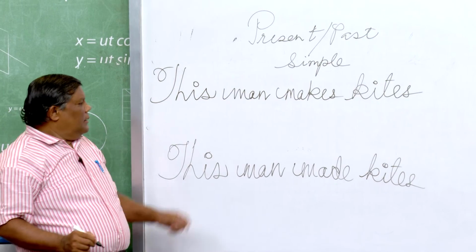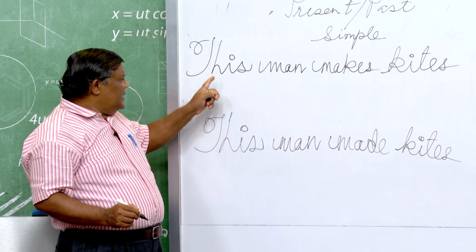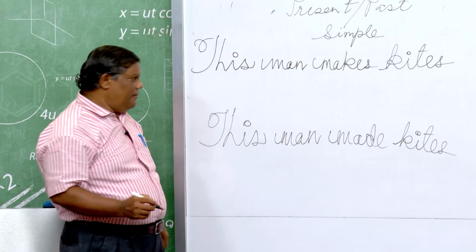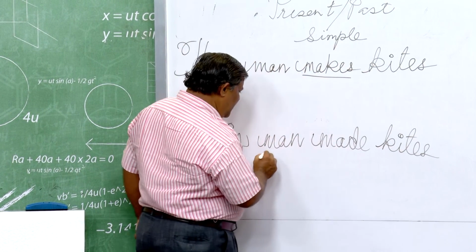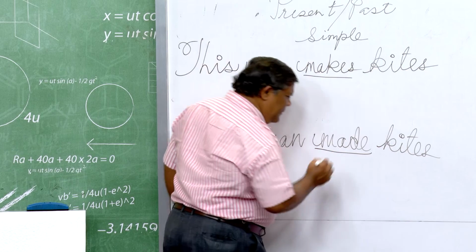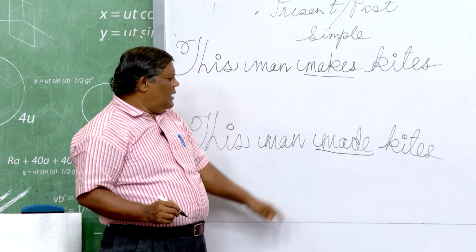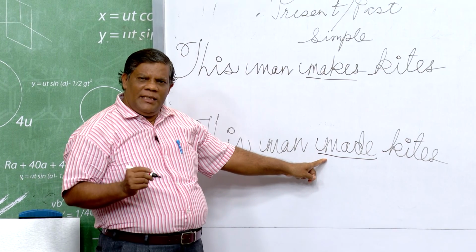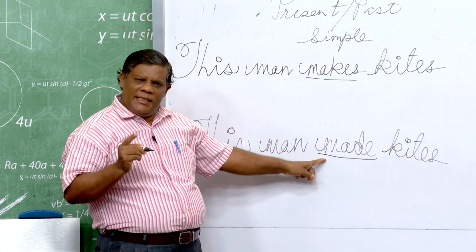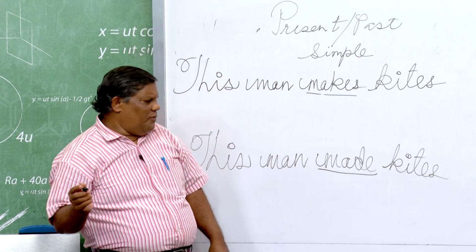Here we have a pair of sentences. The first sentence, this man makes kites, this is the verb, and here this man made kites, this is the verb. This is the present simple form of the verb, and here it is the past simple form. We now take two sentences in which we have both present simple and past simple forms of verbs.